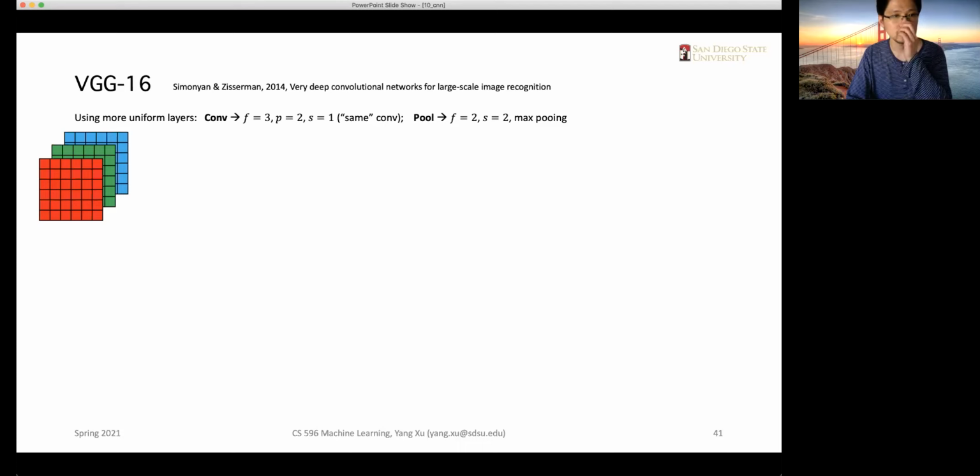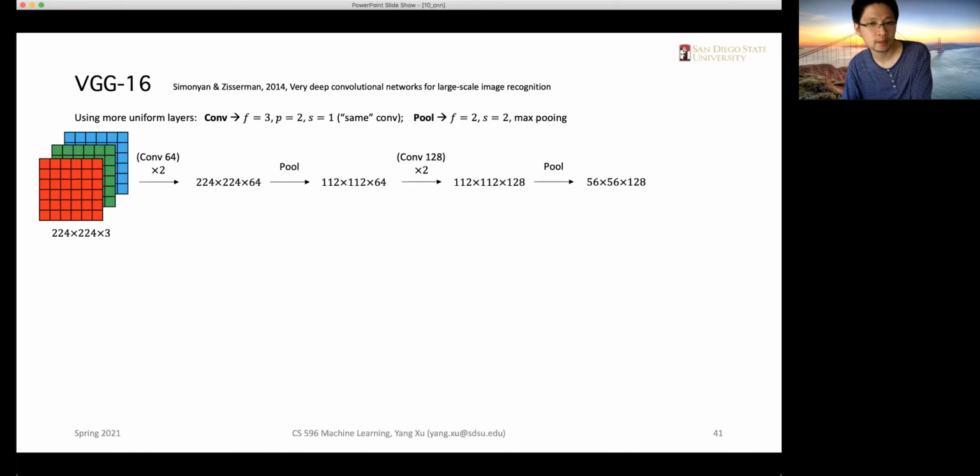In VGG16, they basically used more uniform layers. For all the convolutional layers, they used a fixed filter size of 3 with padding and stride 1, which is basically the same convolution. For the pooling layers, they fixed max pooling with filter size 2 and stride 2.